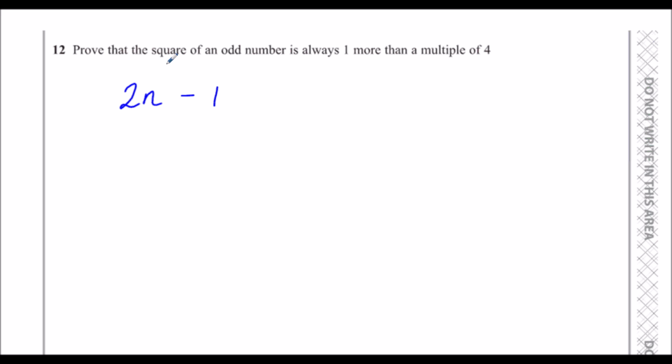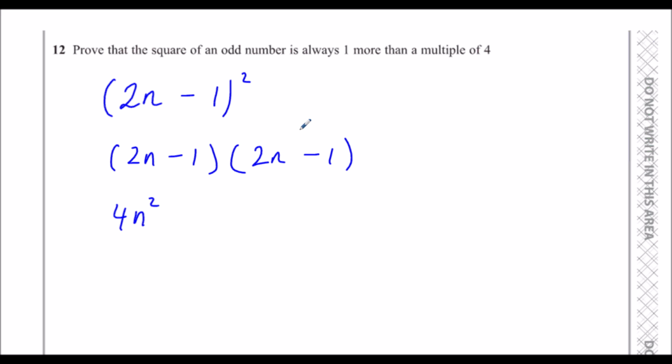I need to prove that the square of it is always 1 more than a multiple of 4. So how can I rearrange this to show it's 1 more than a multiple of 4? If I expand the brackets, I've got double brackets, 2n minus 1 times 2n minus 1. 2n times 2n is 4n squared. 2n times minus 1 is minus 2n.